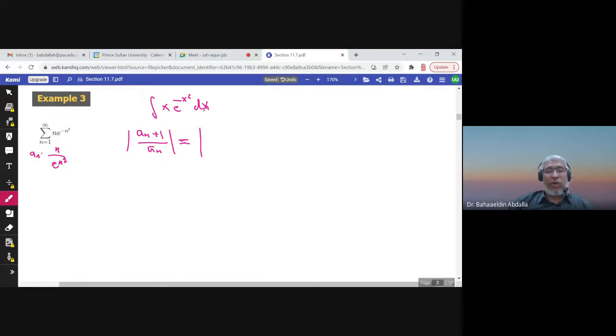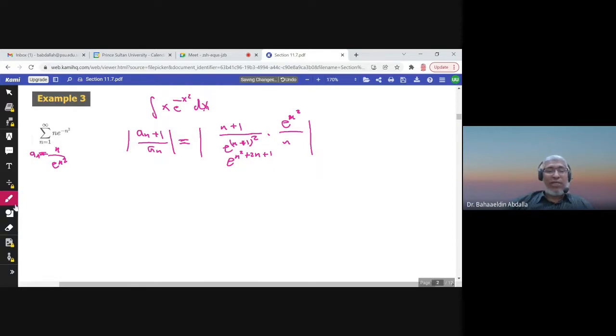This would be a_n. So a_{n+1} would be n plus 1 over e to the power n plus 1 squared, multiplied by e to the power n squared over n. And this is e to the power n square if you expand (n plus 1) square plus 2n plus 1.